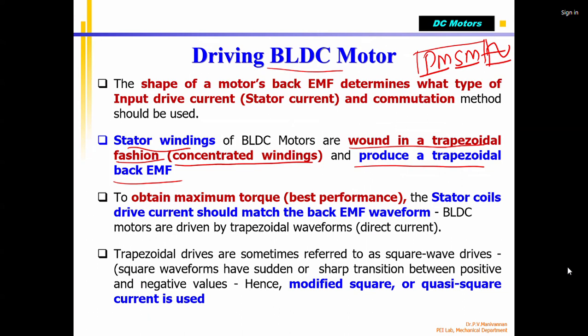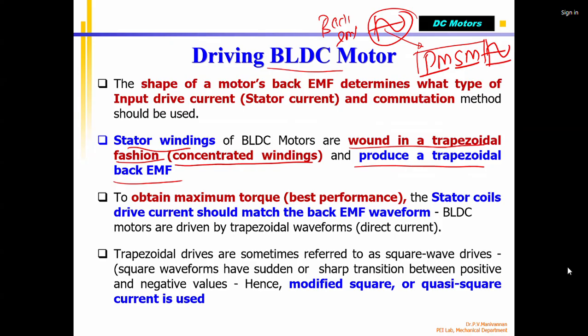The magnetic flux of the rotor is cut by the stator coils. Because of that, a back EMF voltage is generated. That voltage in the synchronous motor will also be sinusoidal in nature. In the permanent magnet synchronous motor, the back EMF will be in the shape of a sinusoid because the coils are distributed winding.